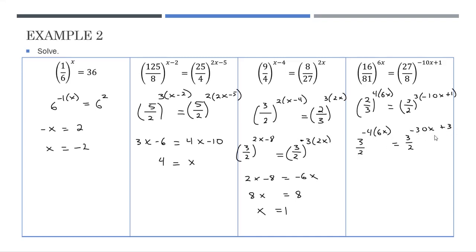Now that we have the same base, we can actually make the exponents equal to each other. I will just do this multiplication right now. So you get negative 24x equals negative 30x plus 3. So I'll add 30x to both sides. So I get 6x is equal to 3. Divide both sides by 6, and I get 1/2.